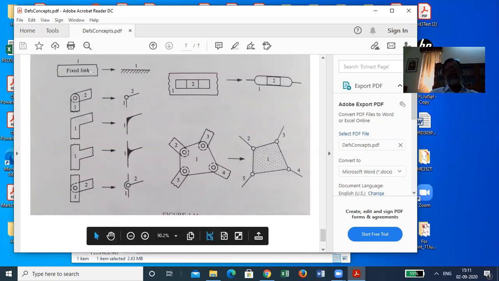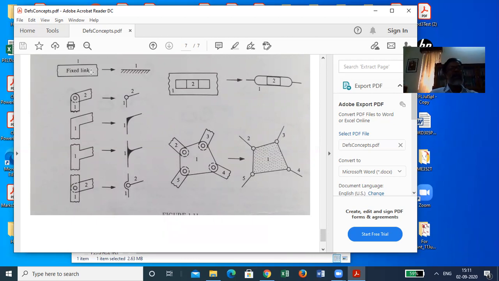A fixed link, which makes a chain a mechanism when you fix one of the links, is typically shown like this. This hatching, a little hatching at some place of it, is important. And if it happens that in a mechanism, the fixed link appears in 4 or 5 different points, in each of these regions a little hatching is given to show that all these distant points are actually part of the same link, which is a frame, which is a fixed link.